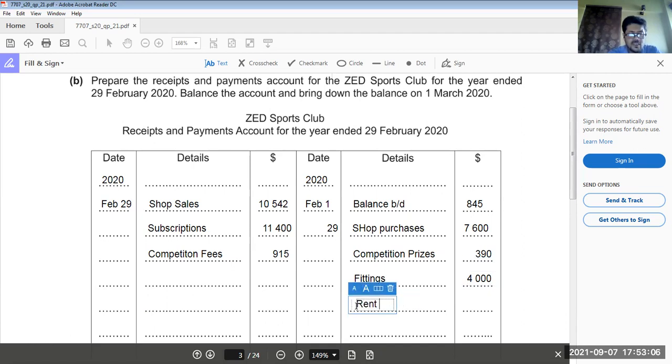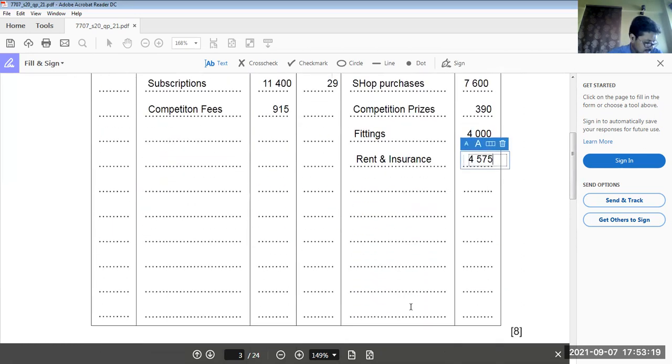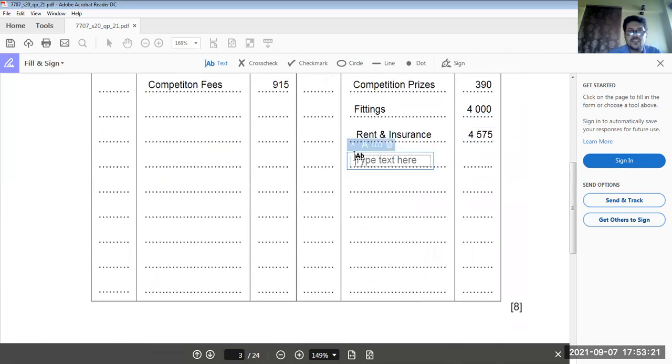Rent and insurance, how much? 4,575. Wages to shop assistant. Wages, how much?